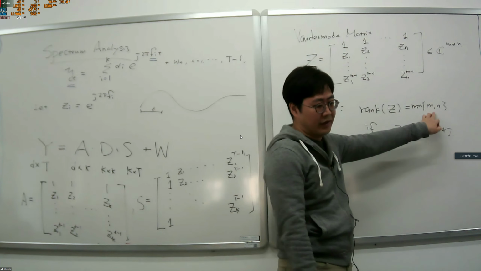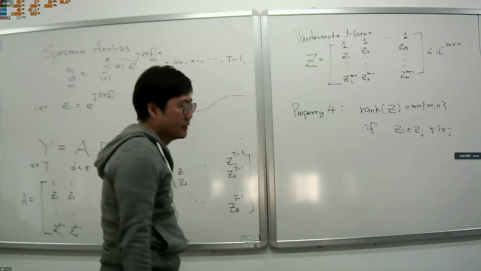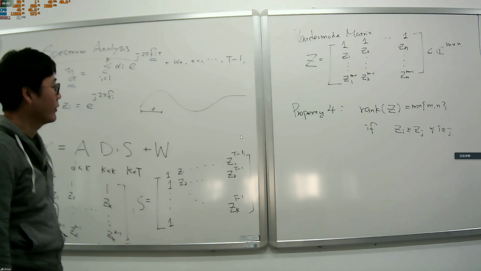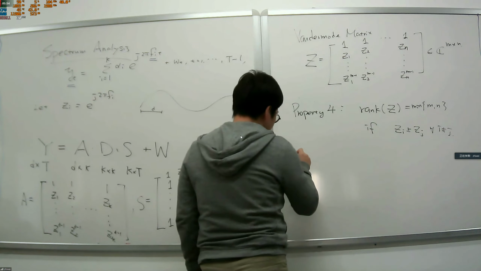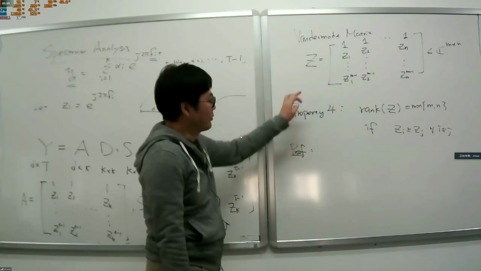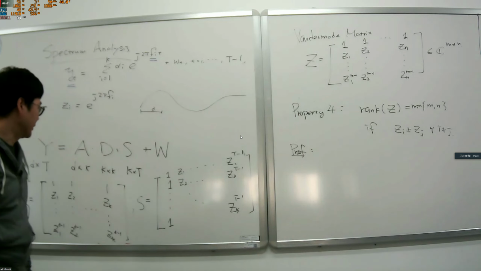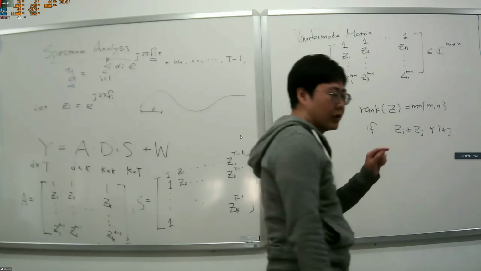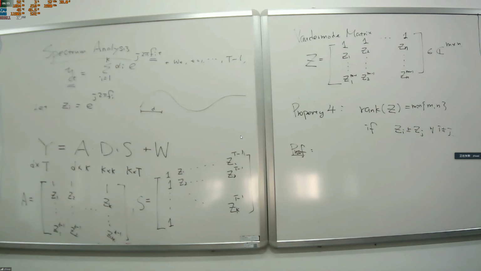If n is larger than m, then its rank is m. So it's always full rank. We will utilize this property to have an algorithm that allows us to search the z, so that we can find this z1 to zk, or equivalently f1 to fk.